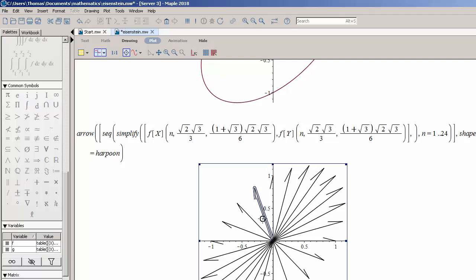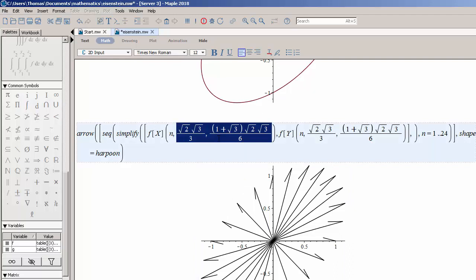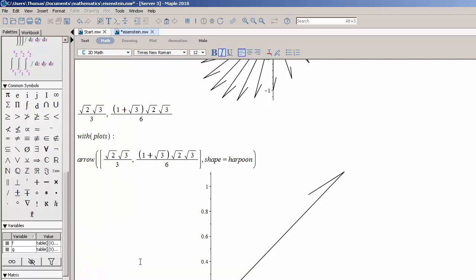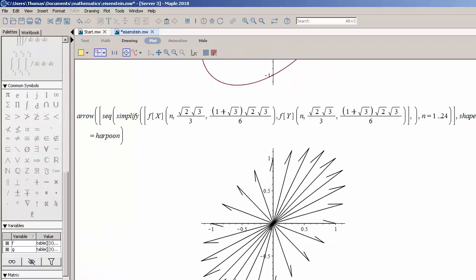So this vector here, I'm not sure where it is, but we could find it real quick. I think it's this one. There we go.